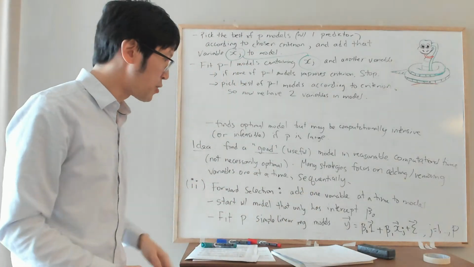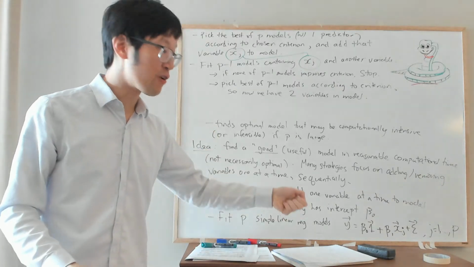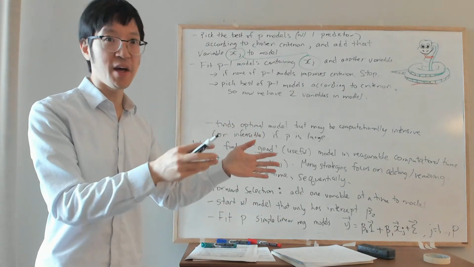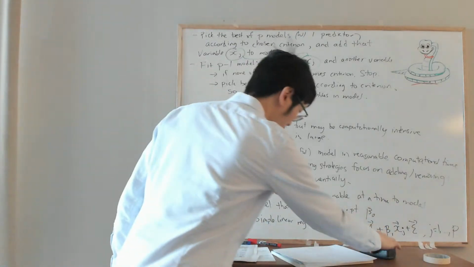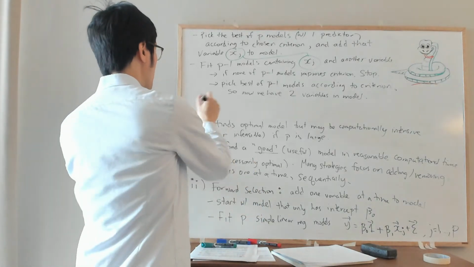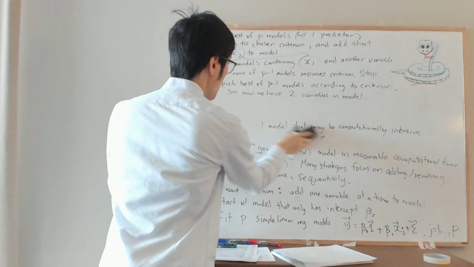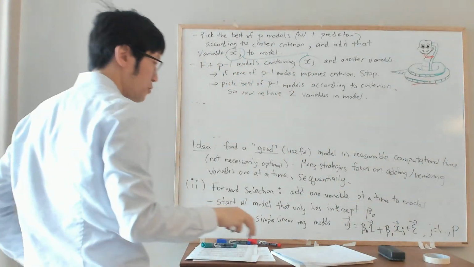At each time you just test all the possible models that involve adding one more variable than what's currently in the model, and then once we add it, we fix that, and then we add one more variable. So we just repeat this process, and so on, repeat until you cannot improve the criterion anymore, in which case we stop.